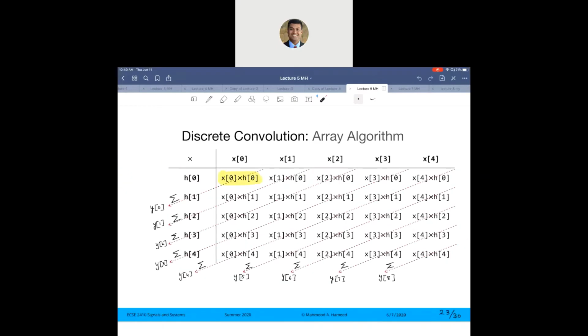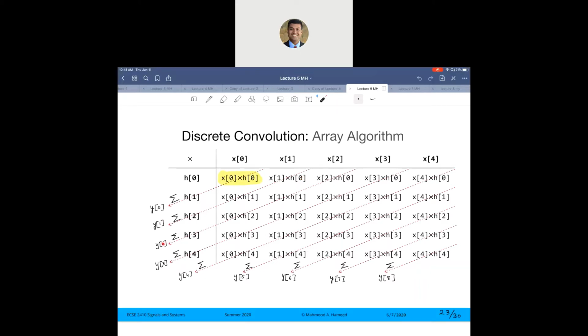We were talking about this slide when we stopped, where to compute y of 0, I hope you see that the index is 0 here because the sum of the indices for x and h is 0 and 0. So you sum across just that one element, you get y of 0. Similarly, for y of 1, you sum across that diagonal there. The index is going to be 1 because 1 plus 0 equals 0 plus 1. You get y of 1.